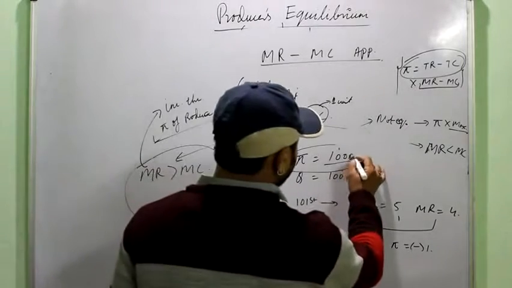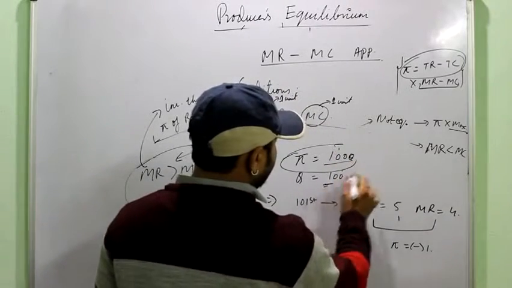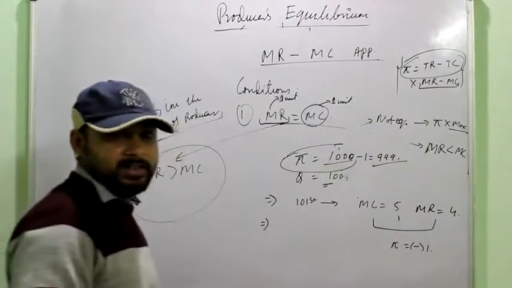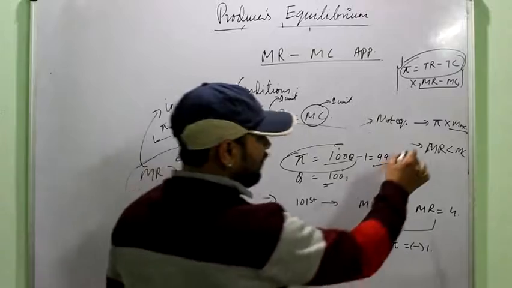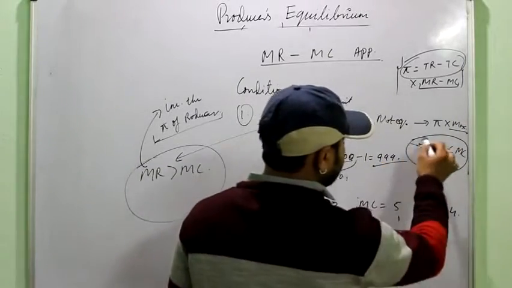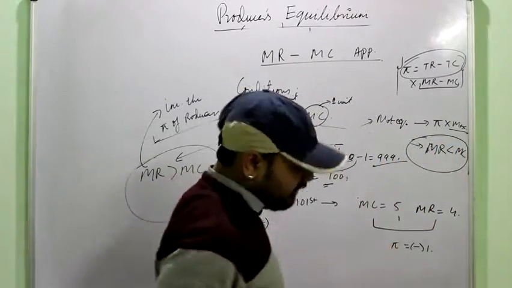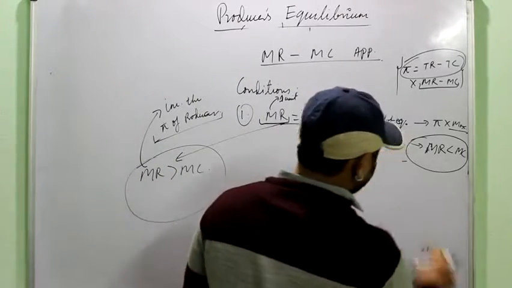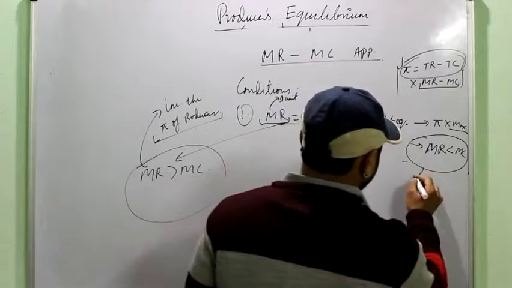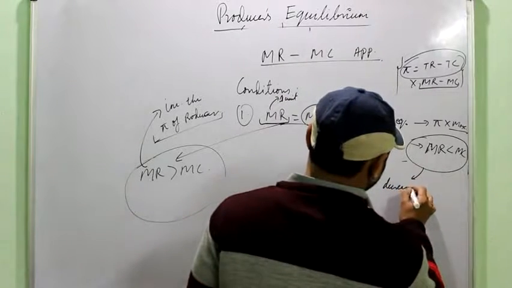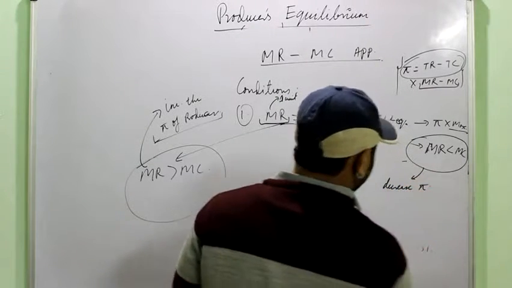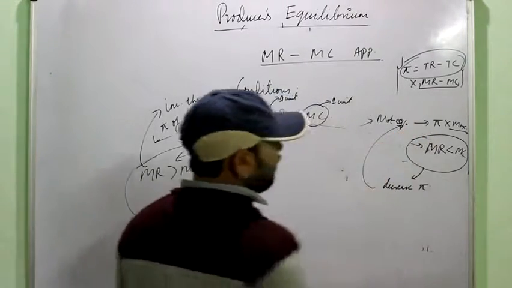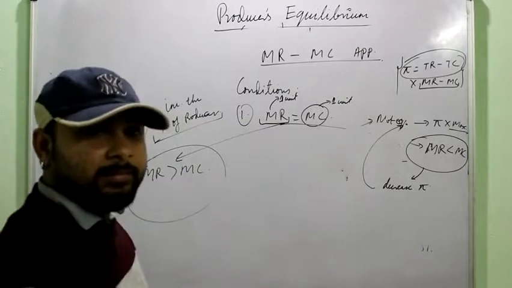So the profit which was 1000 when he was making 100 units will drop down to 999. So if for a particular unit MR is less than MC, all such units will decrease the profit of the producer. So they lead to a decline in the total profit of the producer. So again the producer cannot be in equilibrium because profit will not be maximum.